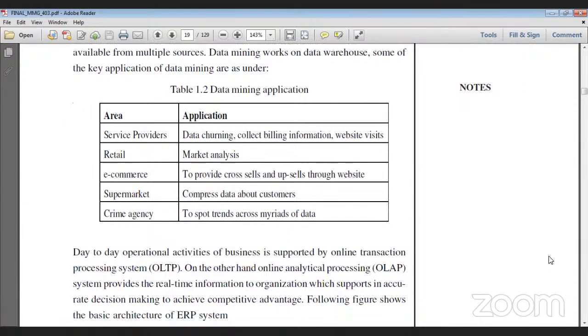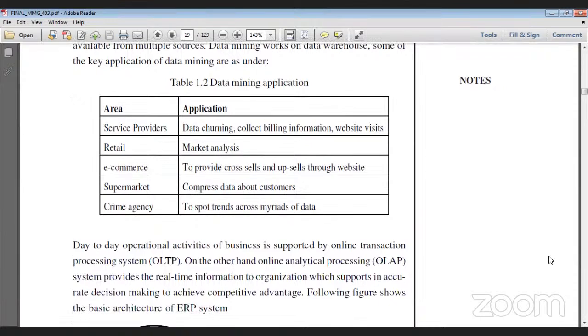Day-to-day operational activities of a business are supported by online transaction processing systems, that is OLTP. On the other hand, there is the OLAP system, online analytical processing.